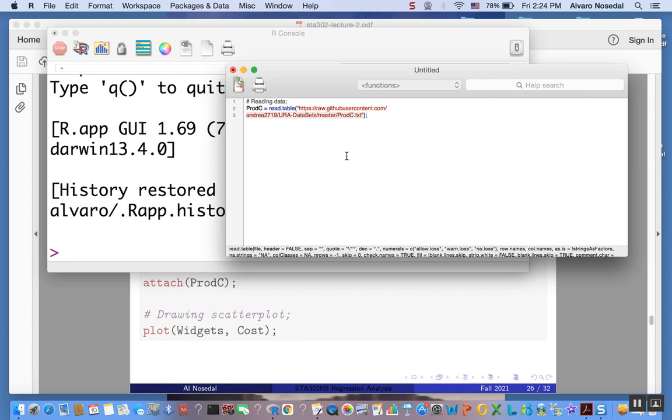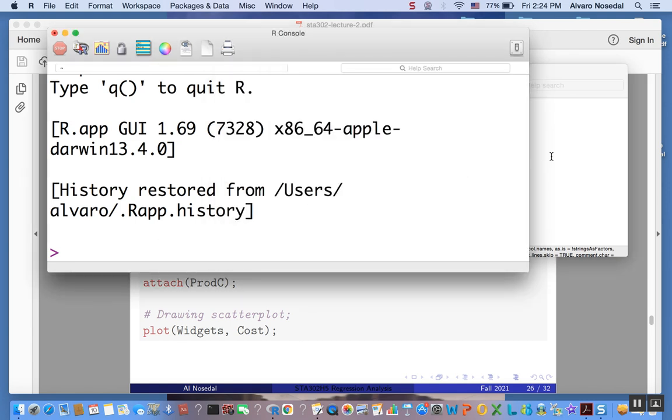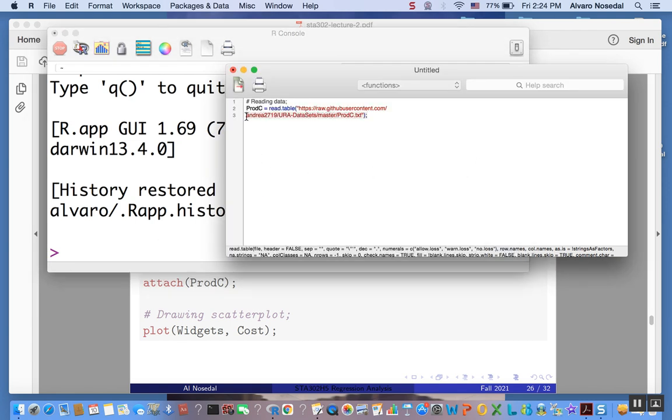Why am I asking you to do this instead of copying and pasting onto the R console? Well, it turns out that this URL where the data set is located, it's kind of long, and if we break the line, then R is not going to be able to find that data set.